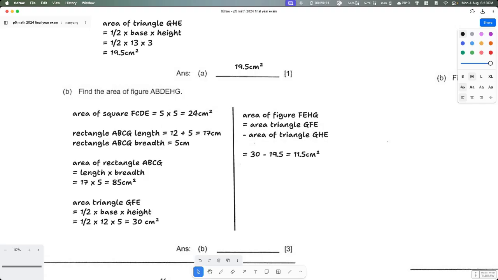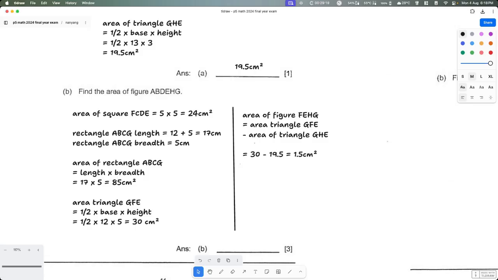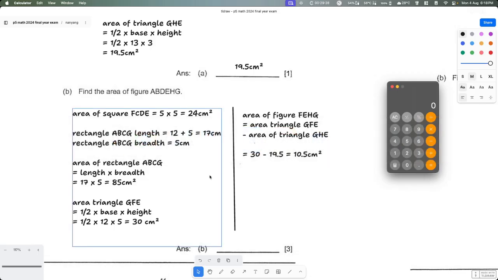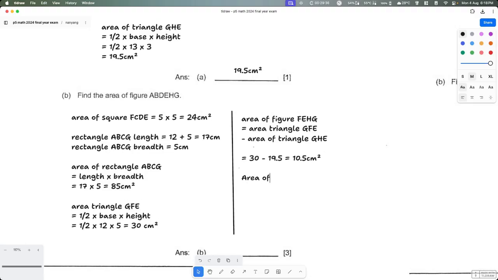Okay, so let me use the calculator. So 30 minus 19.5 is, oh sorry, 10.5. Then let me calculate the 30. So it's 0.5 multiplied by 12 multiplied by 5 is 30. Okay, so area of figure ABDEHG is equal to the total. In this case, it will be 25 plus 85 plus 10.5.